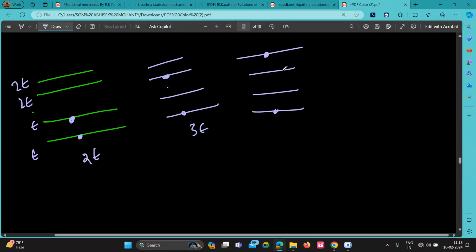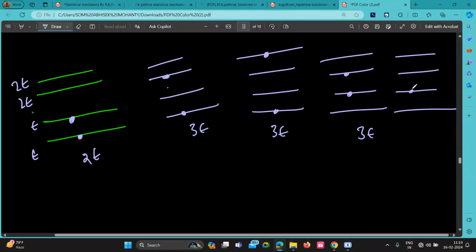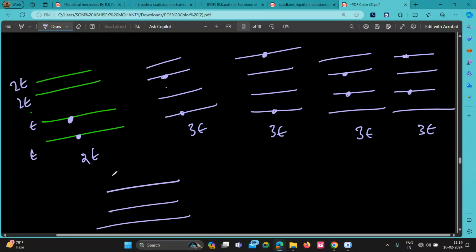Try to do it yourself first. 1, 2, 3 epsilon. Now then, 1, 2, 4 epsilon. Did I miss anything? 1, 2, 3, 4, 5, 6 levels. We should have 10, right?